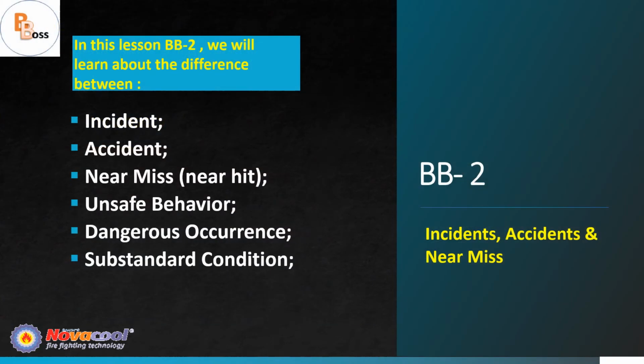Now, let's have a look at the points that we are going to discuss in this module. We'll have some basic definitions. Then we will learn about the cost iceberg, how we can evaluate the actual cost of an accident. Then we will discuss the accident pyramid.